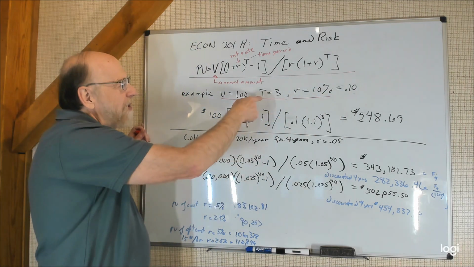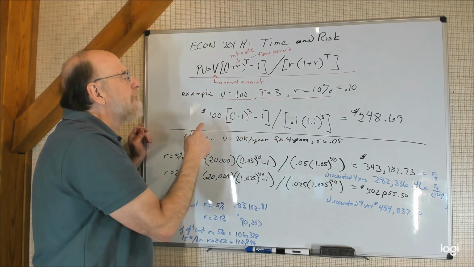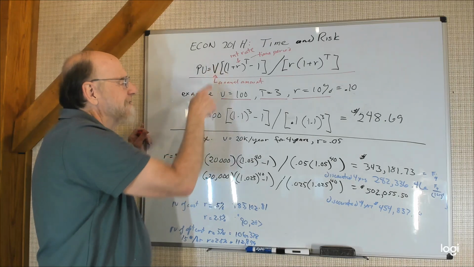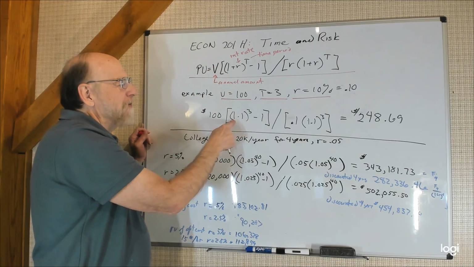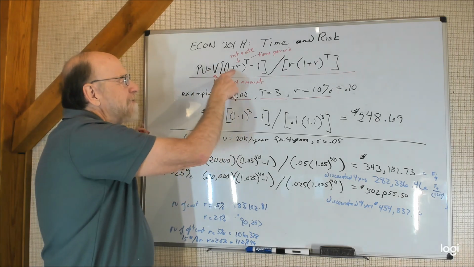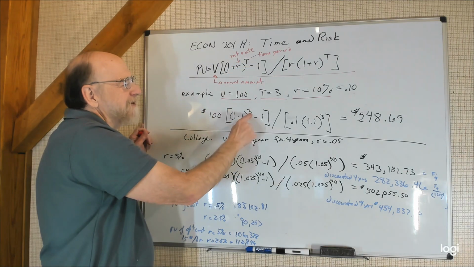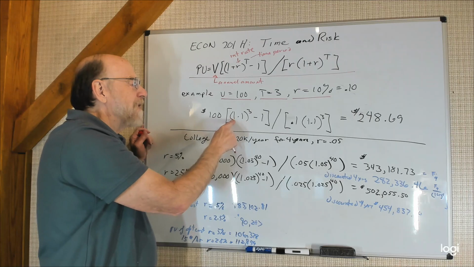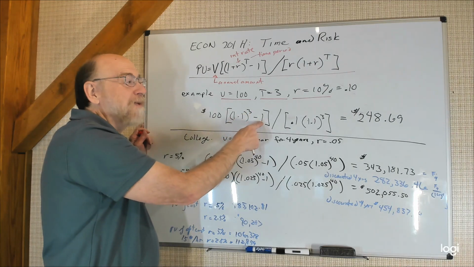So if we take all those parameters and substitute them into this formula, we get 100, that's the V, and we get 1.1 to the 3, that's the 1 plus r to the t. T is 3, the interest rate is 0.1, because it's 10%. So 1.1 to the 3, then minus 1.